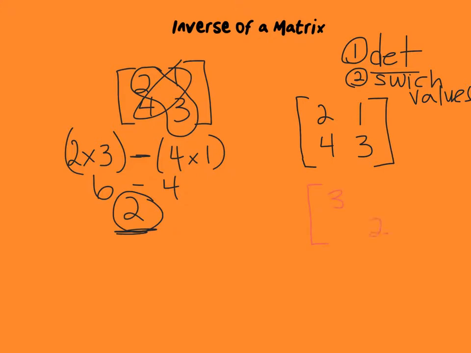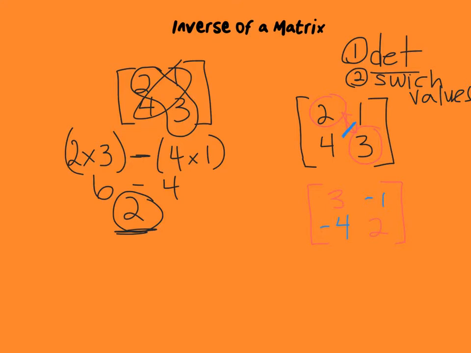You see what I just did? I interchanged my first and my last. I don't change the sign or anything. I literally just switch those two values. And then what do I do with the two inner values? I change the sign, but I do not change their position.